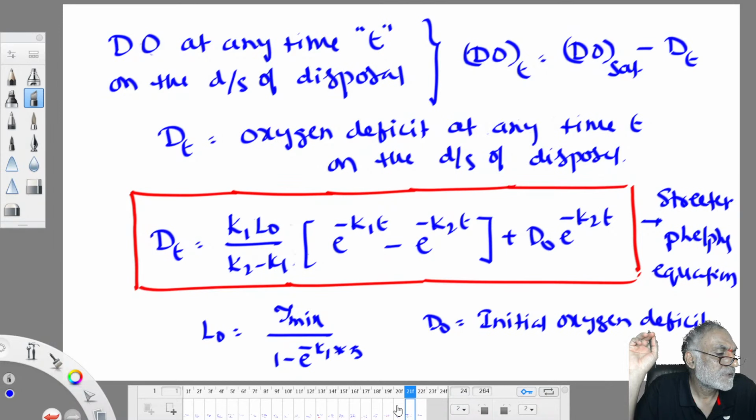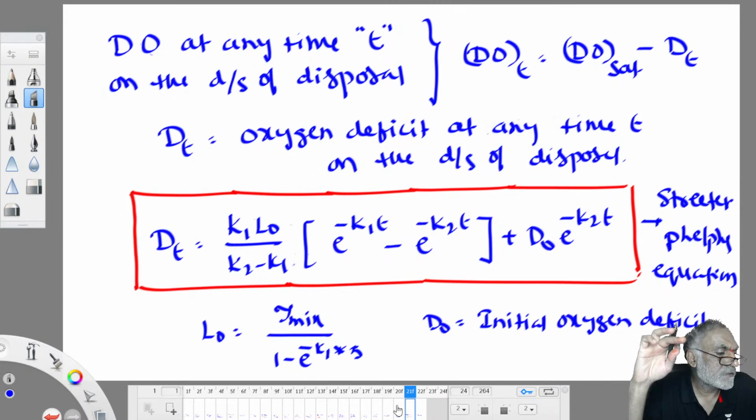Let us solve that question. Let me find the first question. One minute, I am verifying the question paper.